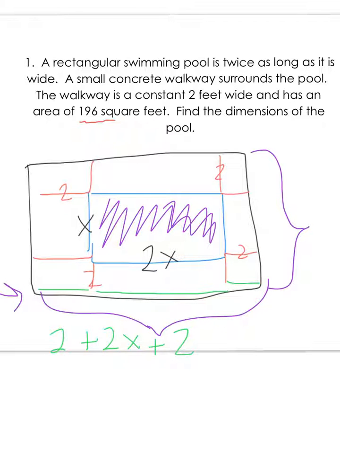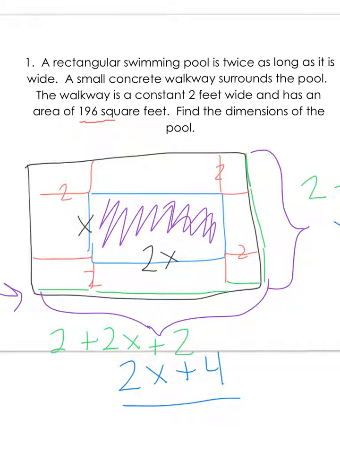Now I'm going to combine like terms, so 2x plus 2 and 2 gives me 2x plus 4. Underline that. Now let's look at the other side here. I know this is 2, this is x, and this is 2. So if I put those like terms together, I get x plus 4.